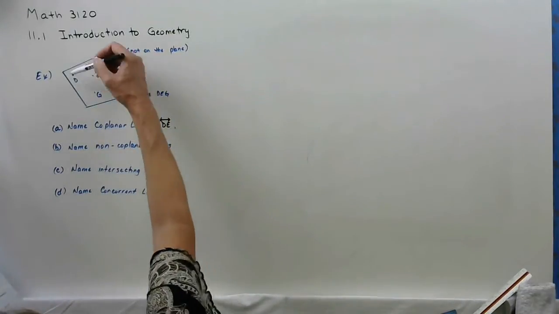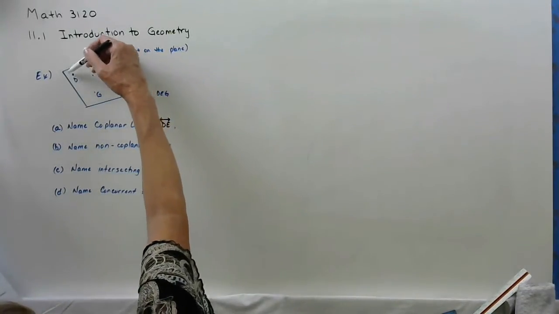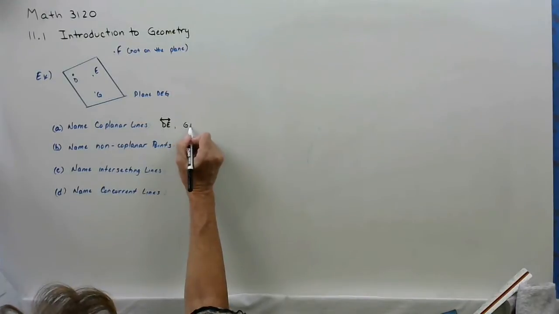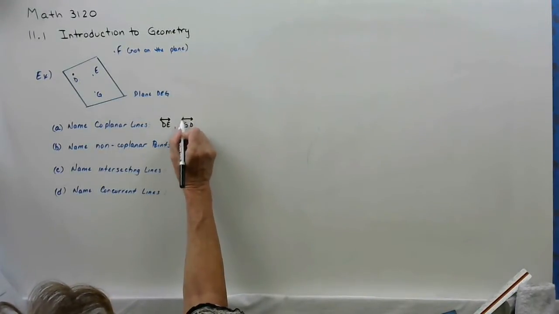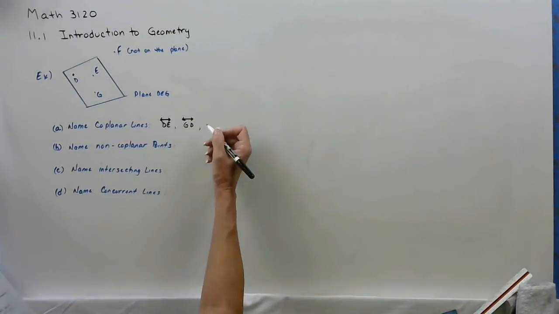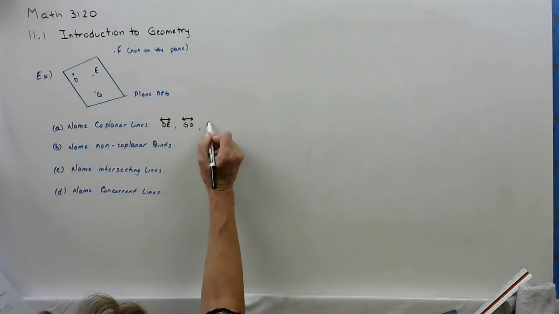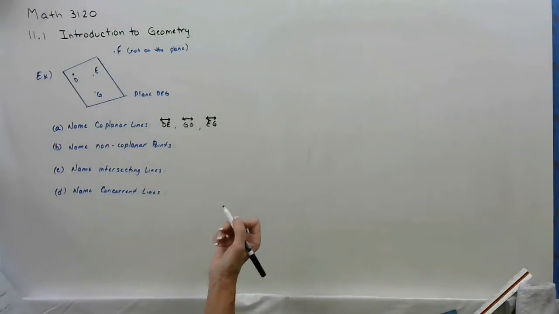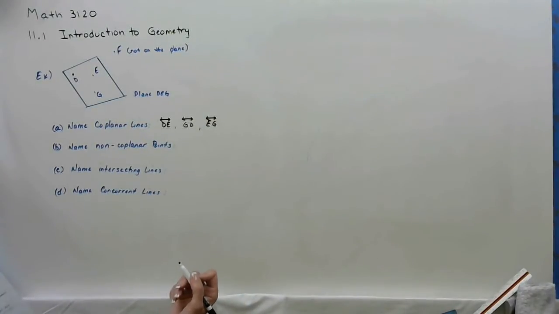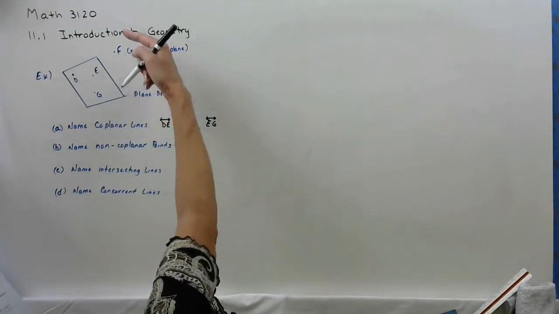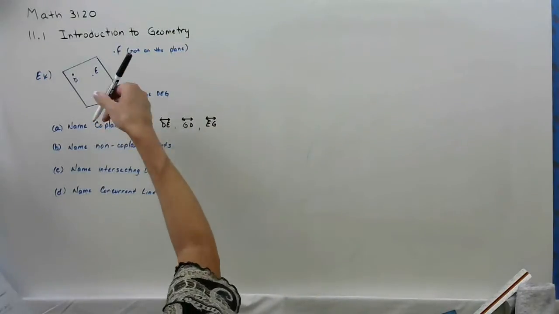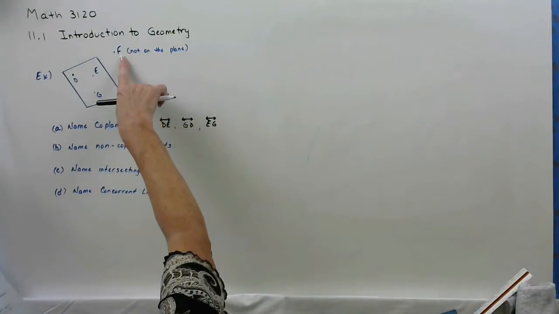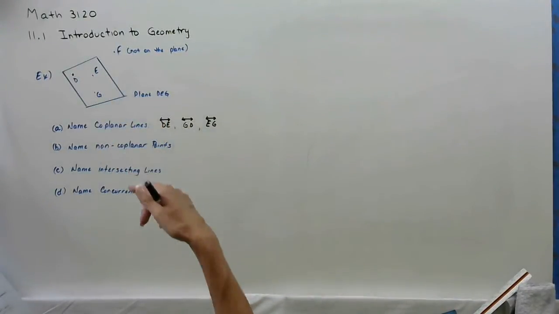I could have a line from D to G or G to D. Or I could have the line from E to G. Now technically there's another plane that's coming out here, but right now we're not really worrying about that. Notice F is not on this plane, so it cannot be coplanar.